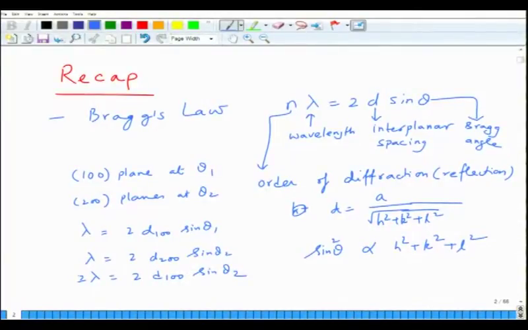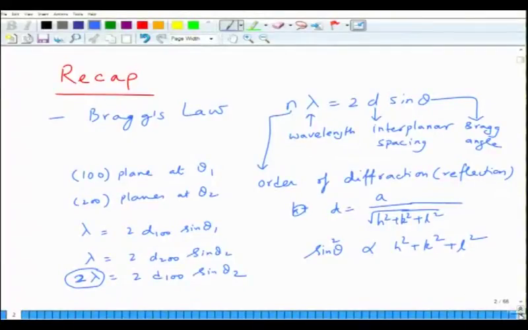So essentially at higher angles the first order 200 reflection is the same as the second order 100 reflection, because your path length now has become 2 lambda. In the previous case the path length was lambda. So this is what it means.